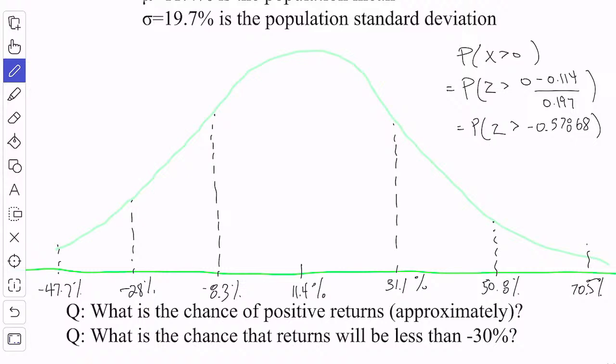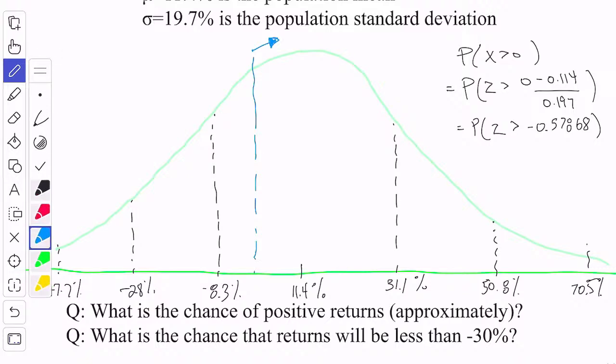Looking at the drawing here, 0 is somewhere in here, and I want to know how much bigger. What's the chance of being positive?